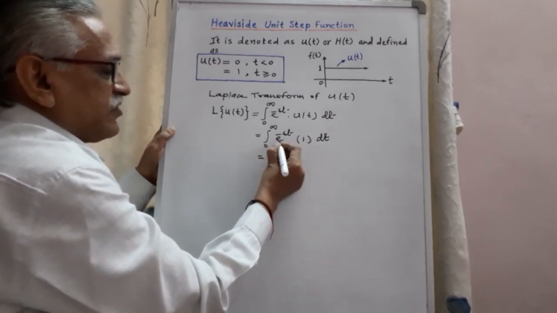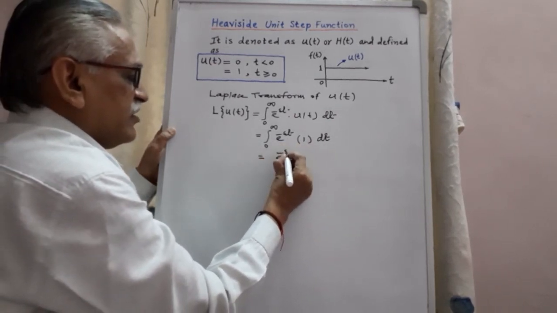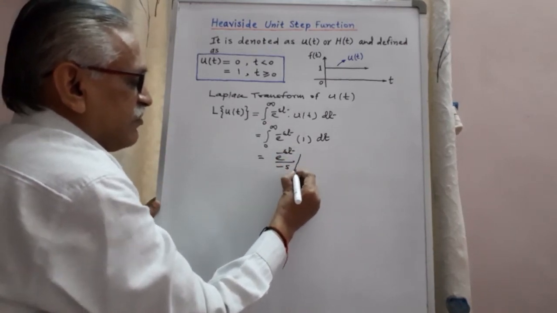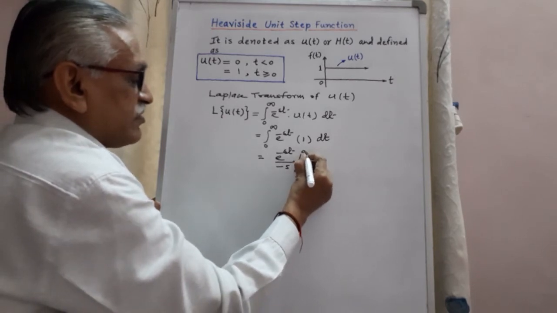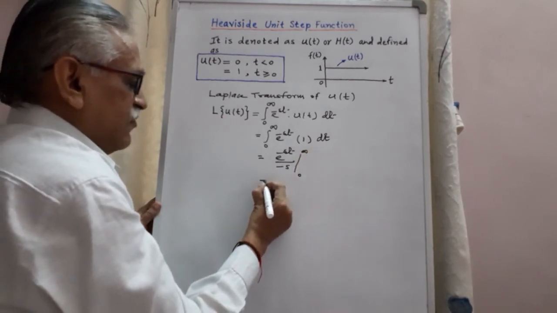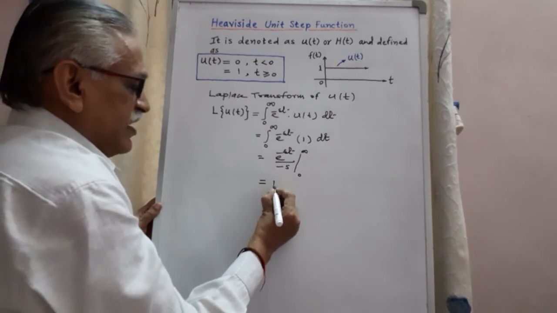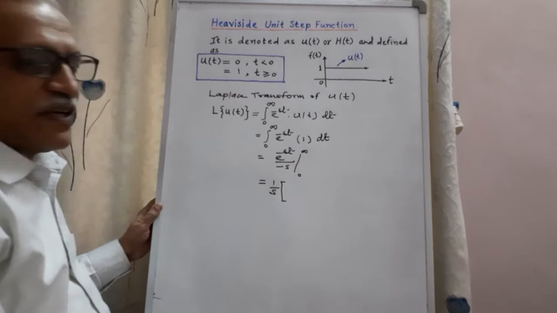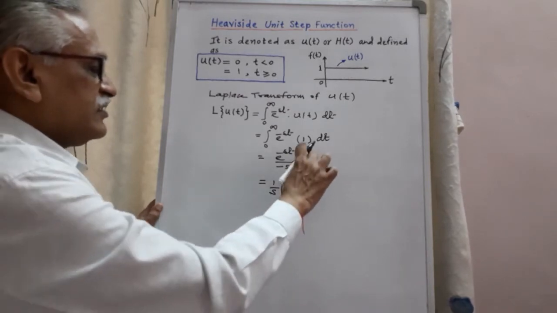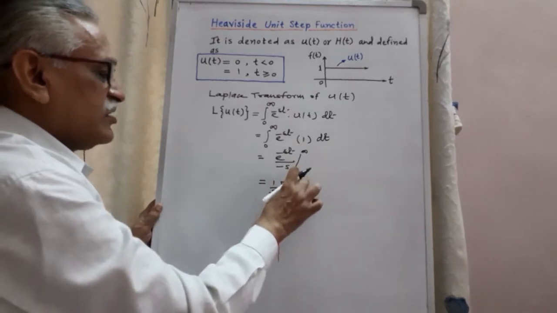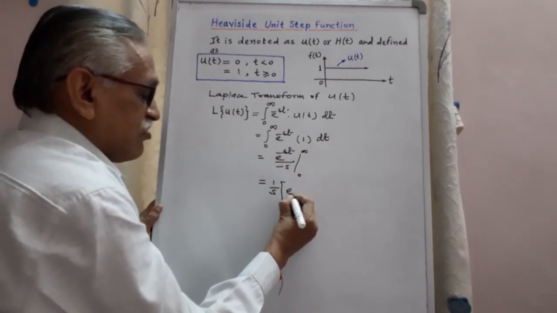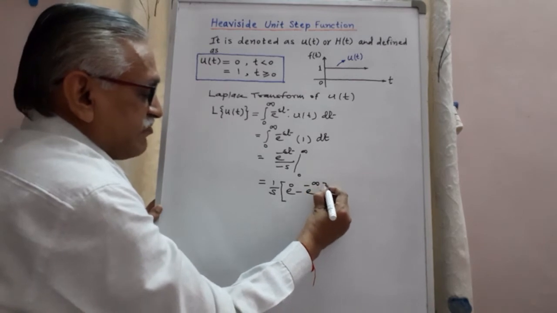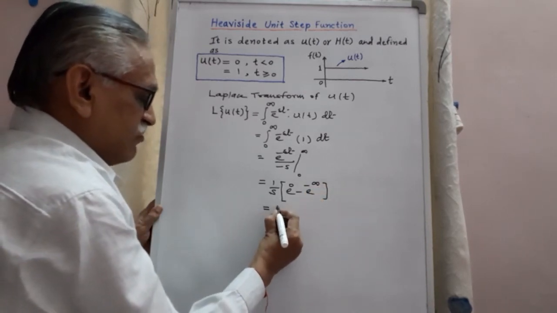This becomes e raised to minus st. Its integration is e raised to minus st by minus s, with limits from 0 to infinity. Therefore it is equal to 1 by s, which I can take outside, and the minus sign we can cancel by changing the limits. This becomes upper, this becomes lower. Therefore e raised to 0 minus e raised to minus infinity.